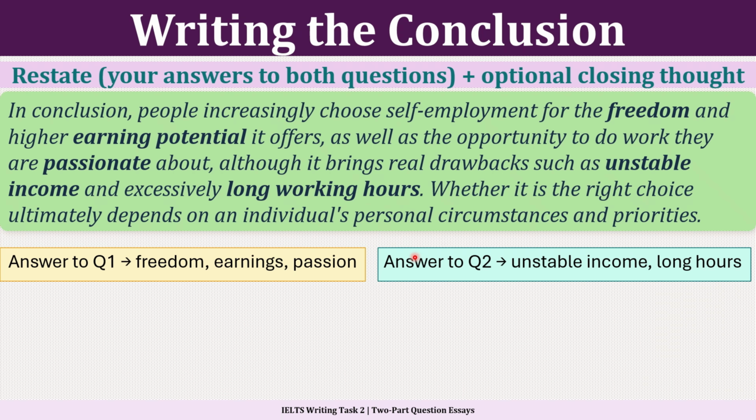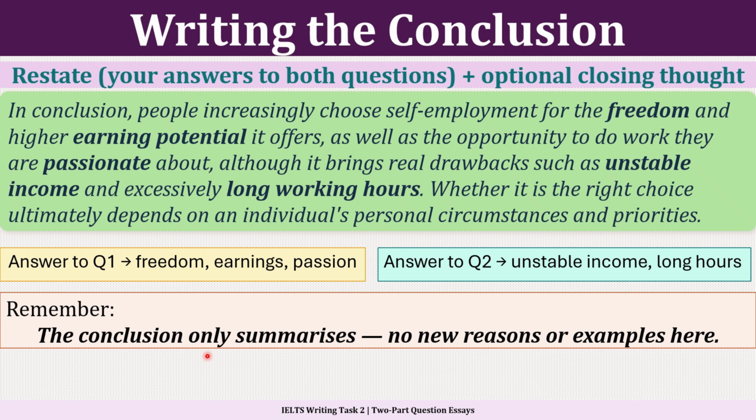The final sentence is the optional closing thought we discussed earlier. It rounds off the essay naturally without adding any new ideas. Everything in this conclusion comes from the ideas you have already planned. The conclusion simply brings those ideas together in a concise way. In the next video, we'll develop these same ideas into two well-structured body paragraphs.